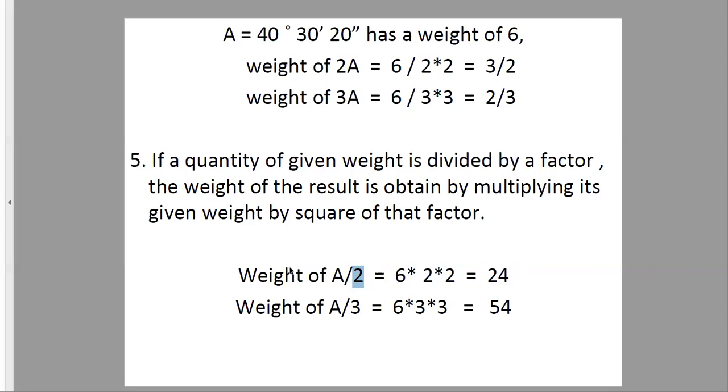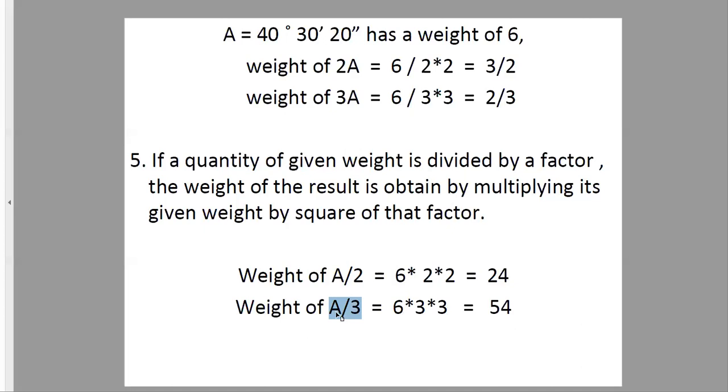Similarly, any quantity here, this is the prior weight before the term has been divided with 3. So its weight was 6. Now this will become 6 multiplied with 3 into 3, that is the square of the factor with which the quantity A has been divided. So this principle is quite important.